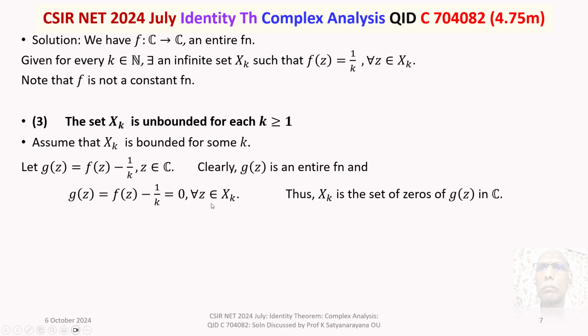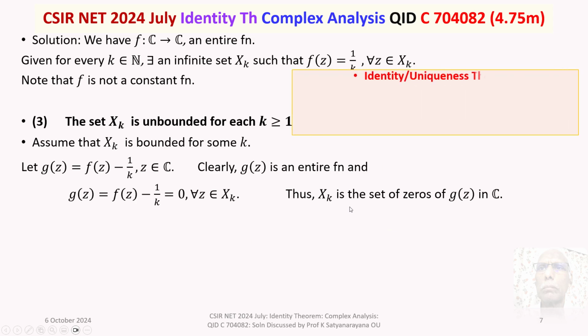So if you take a z belongs to Xk, g of z will be f of z minus 1 by k. For z belongs to Xk, f of z is 1 by k, so 1 by k minus 1 by k is 0. So thus, Xk is the set of zeros of g of z in C. And how is this Xk? Xk is infinite.